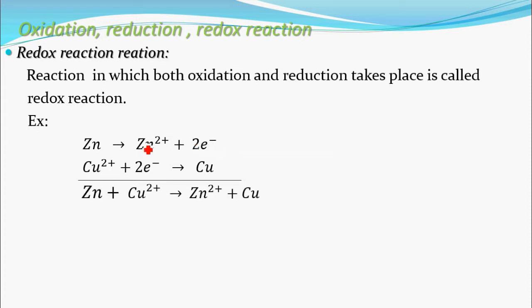Combine these two. In these two equations, cancel the 2 electrons on the right side of one equation and the 2 electrons on the left side of the other equation. These 2 electrons get cancelled. What remains on the left side?